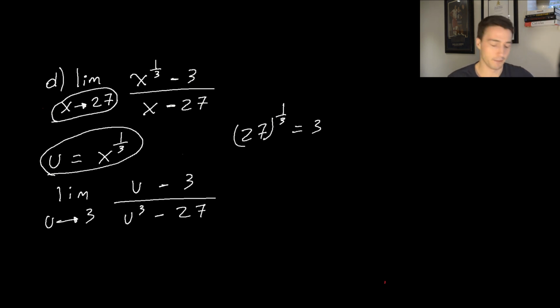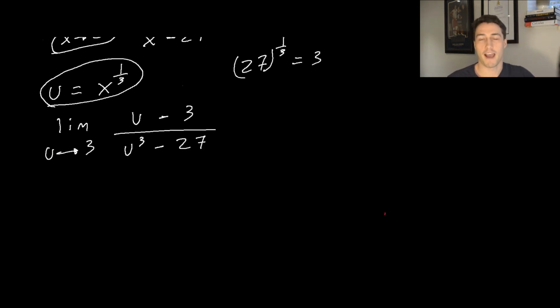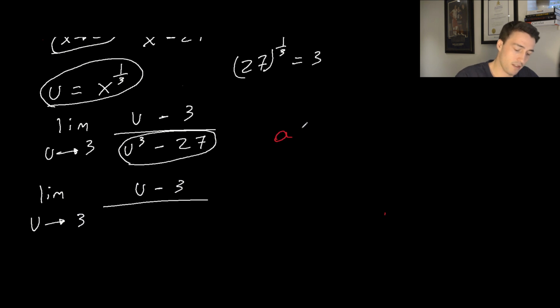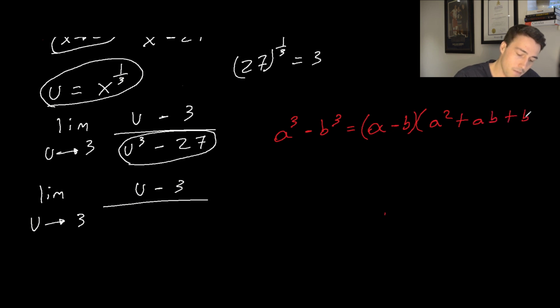So now we're going to use a bit of factoring here as well, because here we have a difference of cubes. So if I rewrite this, u as it goes to 3, not x, u as it goes to 3 of u minus 3. Now this difference of cubes is going to be a cubed minus b cubed, and that's going to equal a minus b multiplied by a squared plus ab plus b squared.